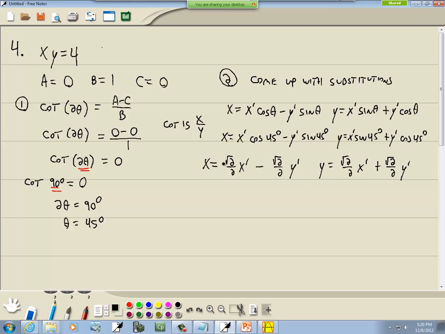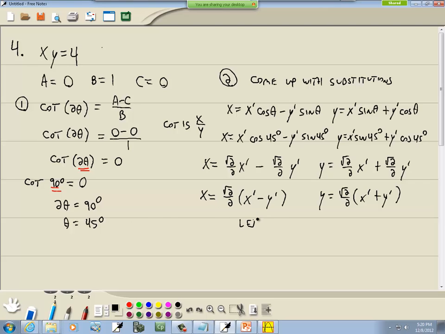Now, you're probably better off if they have a fraction in common like this to factor it out. So I'm going to factor out a square root of 2 over 2, and that gives me x prime minus y prime. And here I'll factor out a square root of 2 over 2, and that gives me x prime plus y prime.